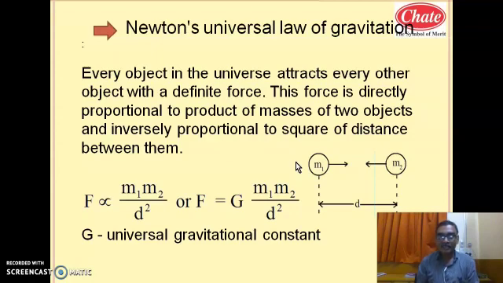So what is the statement of Newton's universal law of gravitation? The statement is: every object in the universe attracts every other object with a definite force. This force is directly proportional to the product of masses of the two objects and inversely proportional to the square of the distance between them.